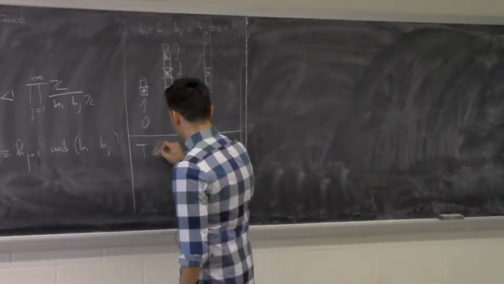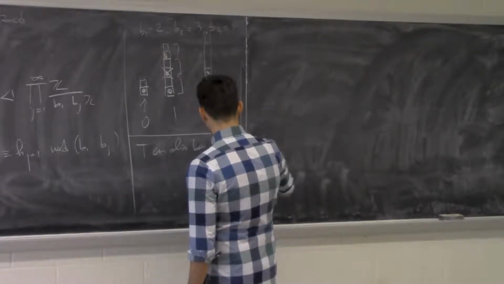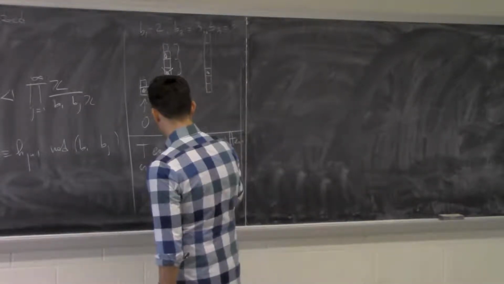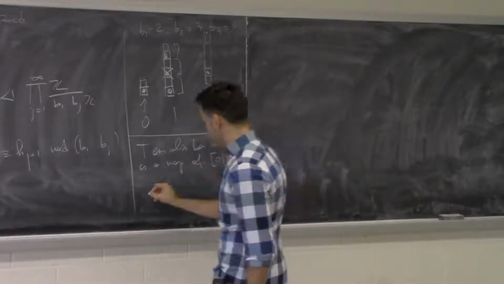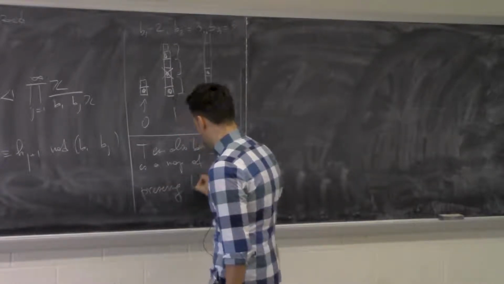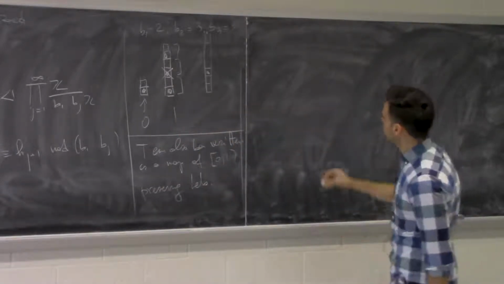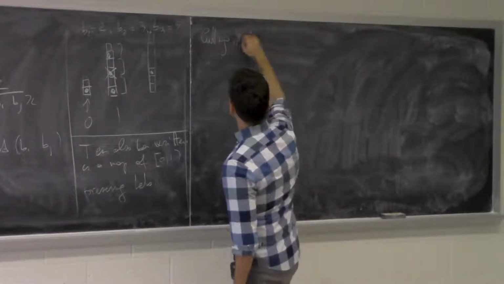So T can also be written as a map of the interval [0, 1] preserving the Lebesgue measure in the following way. I'll draw a picture. This is a picture called cutting and stacking.